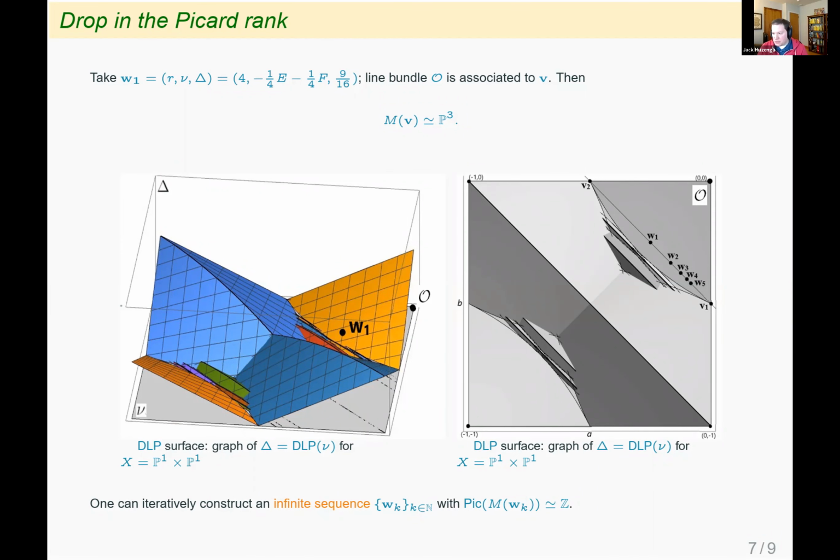Or they happen at an exceptional bundle. But exceptional bundles lie underneath this surface. So you can have triple intersections, but then the moduli space is a point and the Picard rank is 0. Right, so it cuts it down by 3.